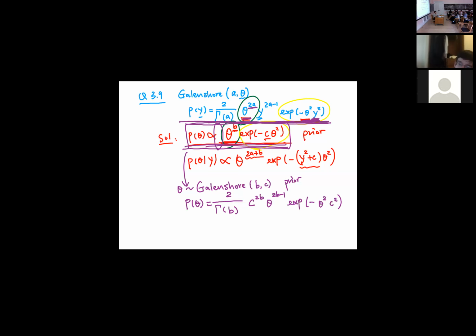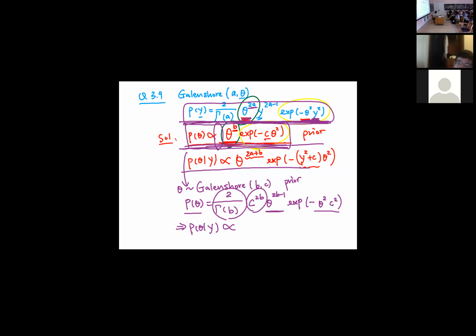So if I put a Galen-Shor BC as the prior, my prior density p of theta would be in this form. There is some constant, and this part is related to theta, so we cannot throw it away, right? And then if you combine with the data up here, you will come up with theta given y.